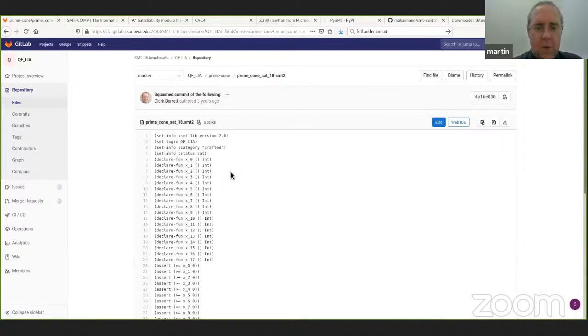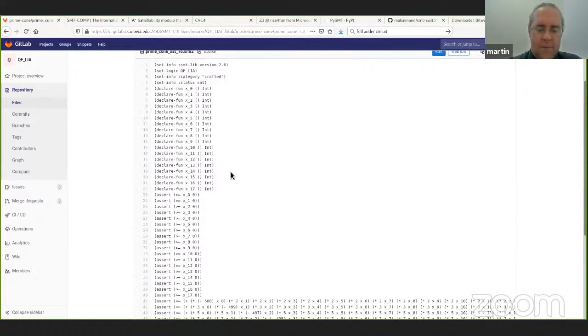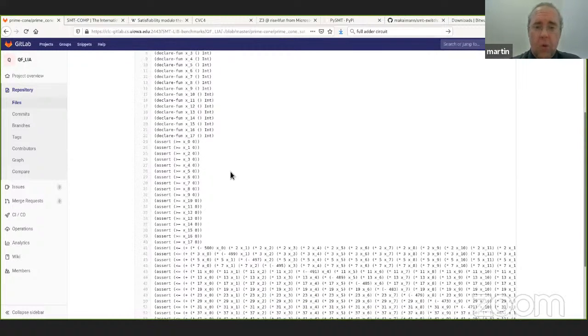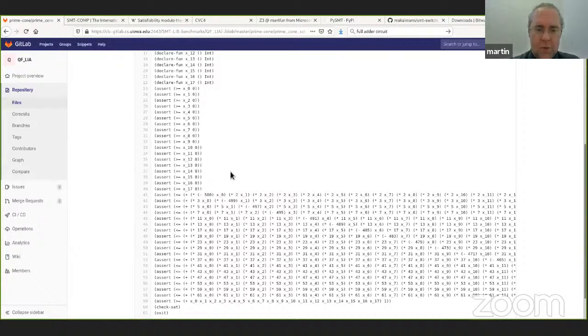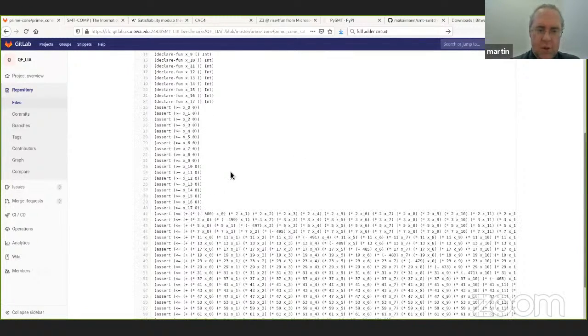So if you're developing a solver, you've got standard things to benchmark against. If you're developing a tool and you contribute to this repository, then people will target solvers towards it. So here we've got a bunch of functions.